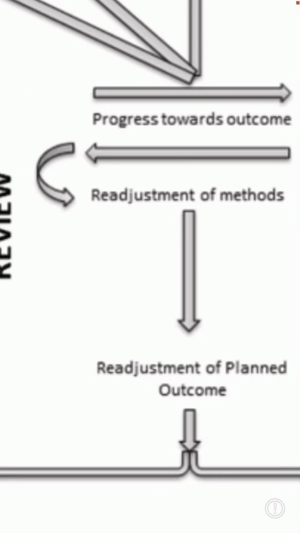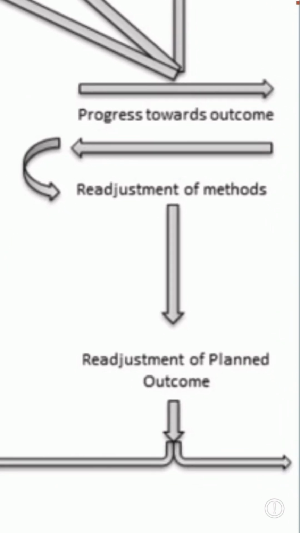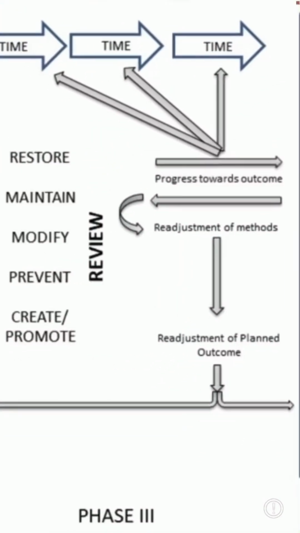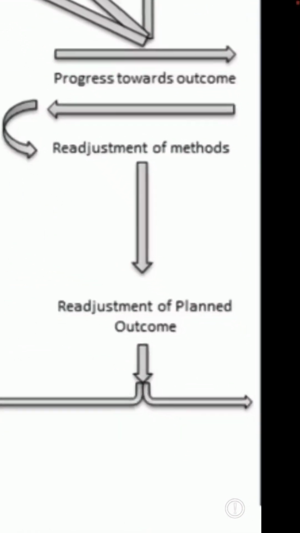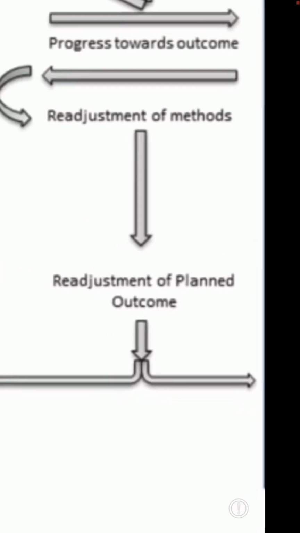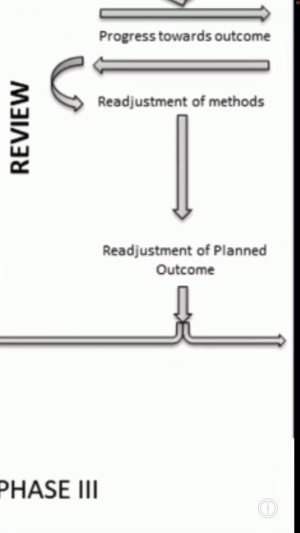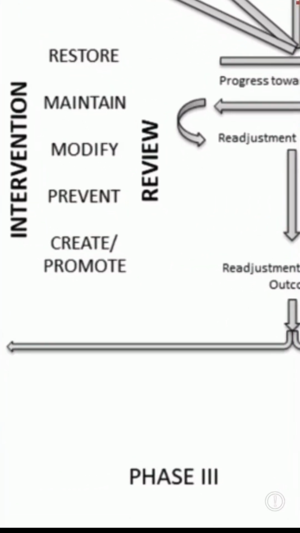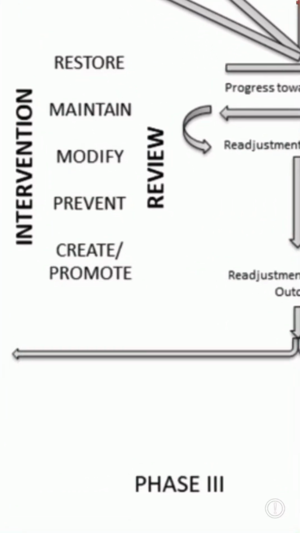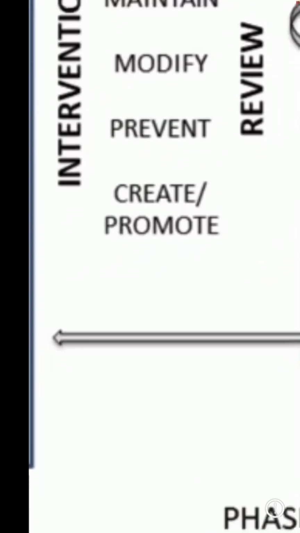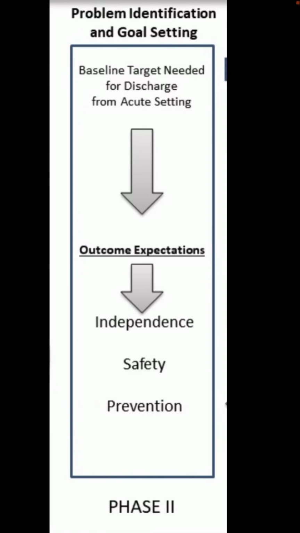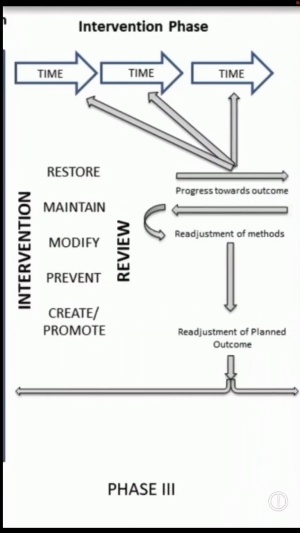It means that you are no longer aiming for independence, but you would be aiming for safety. If you're achieving the planned outcome, then you move to the next phase, which would be the arrow on the right side. Or if you're still not achieving it, you'll have to go back to the previous phase, the arrow on the left side, which means you'll have to go back to doing some problem identification and goal setting again.